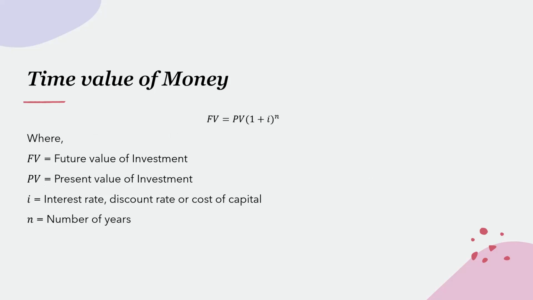The future value of the investment, or the future value of the money, is equal to the present value of the investment into 1 plus the interest rate, or the discount rate, or in other words, the cost of capital, to the power of the number of years. So the future value of the investment is equal to the present value of the investment into 1 plus the interest rate to the power of the number of years.